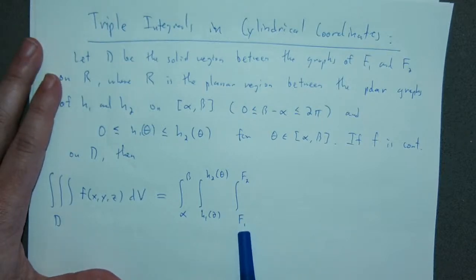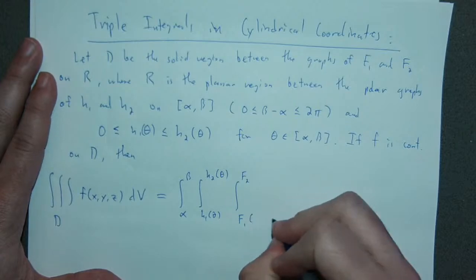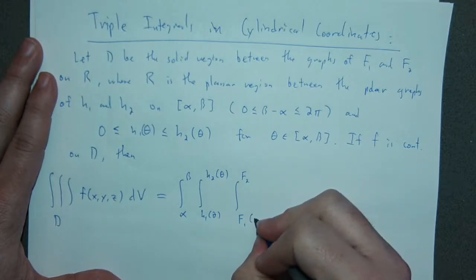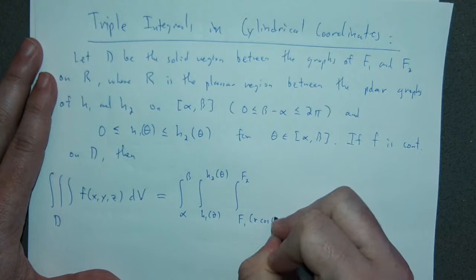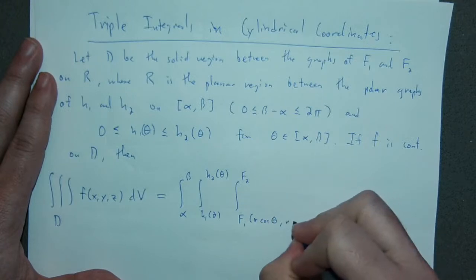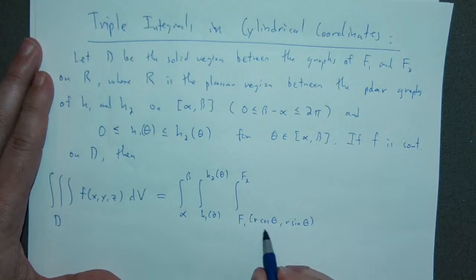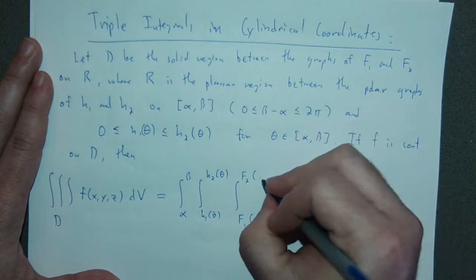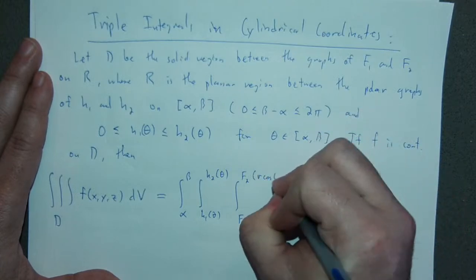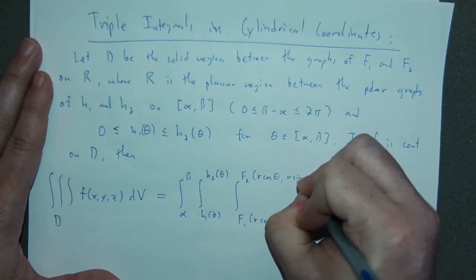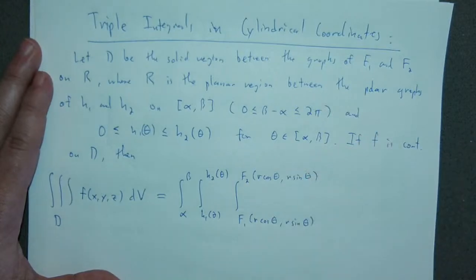And so this is big F sub 1 of xy, but x is r cosine theta, and y is r sine theta. So for every instance of x, I plug in r cosine theta. For every instance of y, I plug in r sine theta. And I do the same thing in this upper limit of integration.